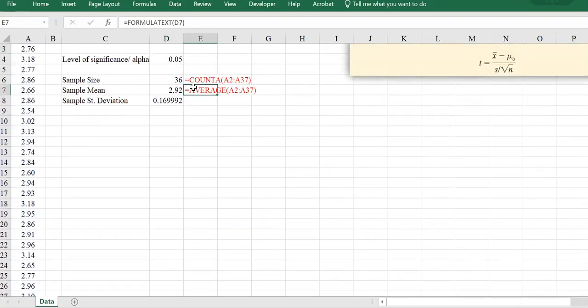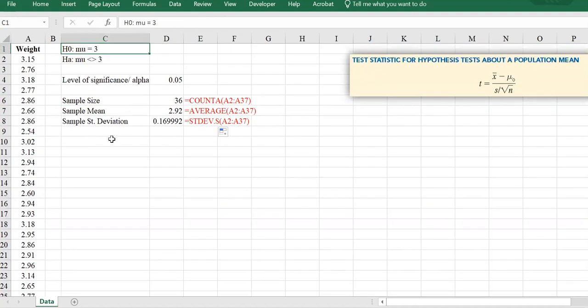And that will give me the S. I'm also going to record mu 0, the hypothesized value, which is 3. I just typed 3 here. All right.